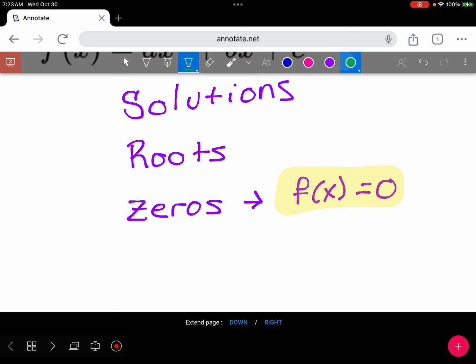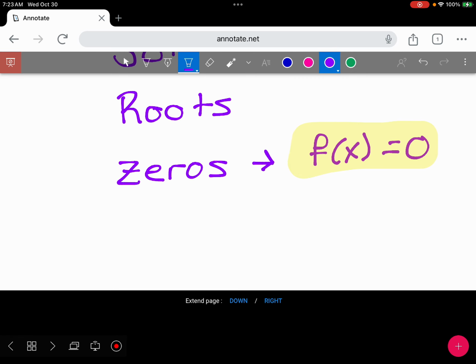And our last thing we can call it is actually the one that makes it easiest when we're looking at a graph. Our solutions are not going to happen with a highlighter. There we go. Our x-intercepts.